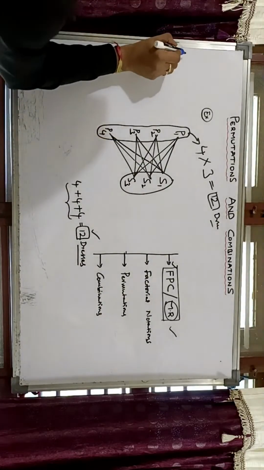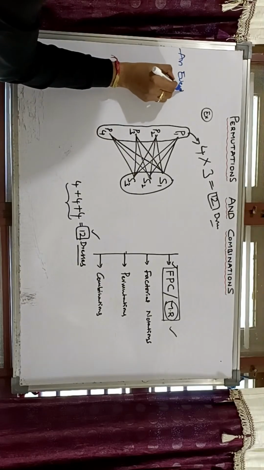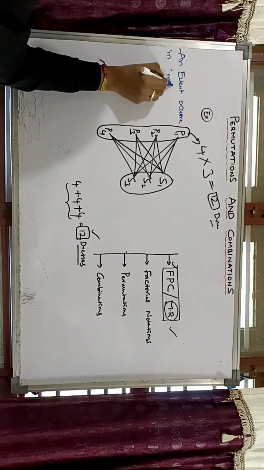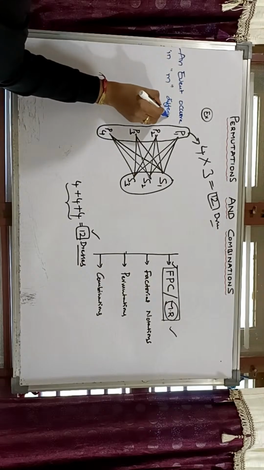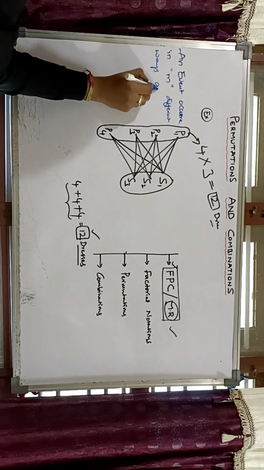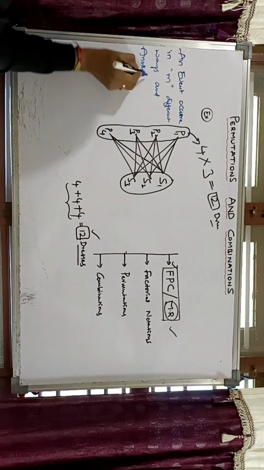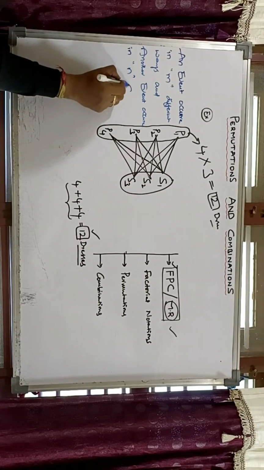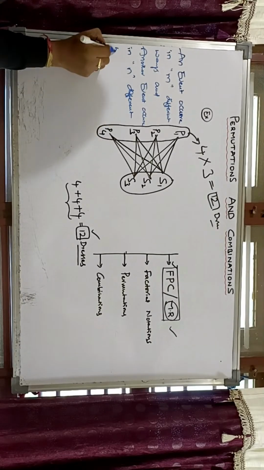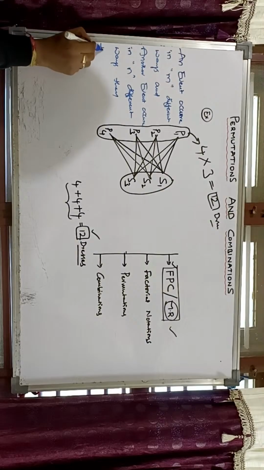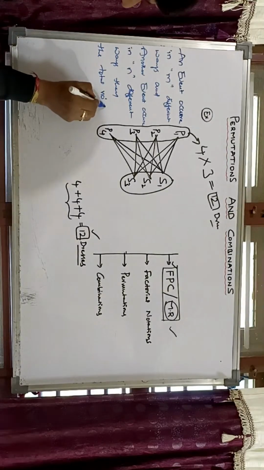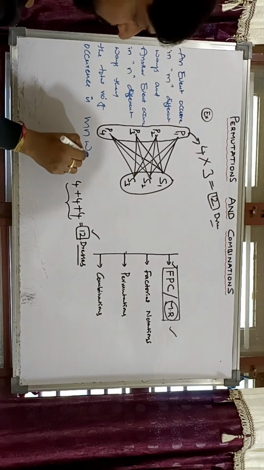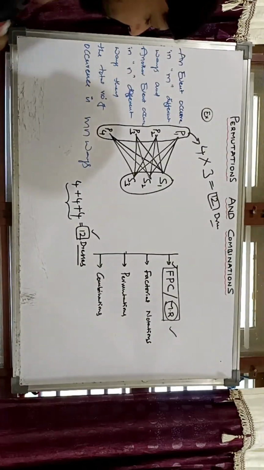If an event occurs in m different ways, and another event occurs in n different ways, then the total number of occurrences is m into n ways. This is the definition. A very simple definition.